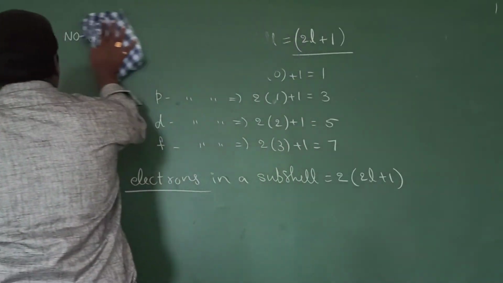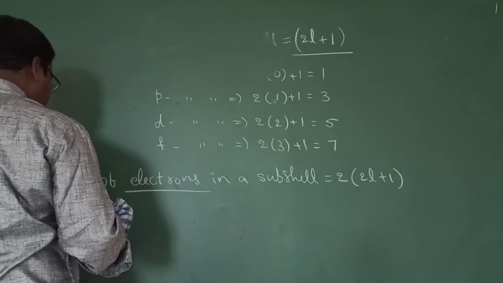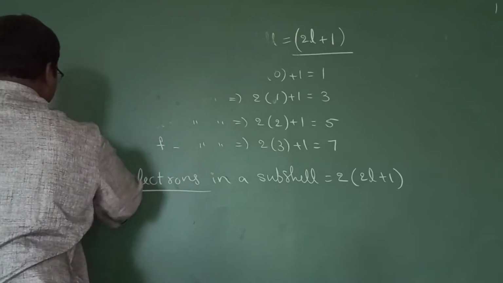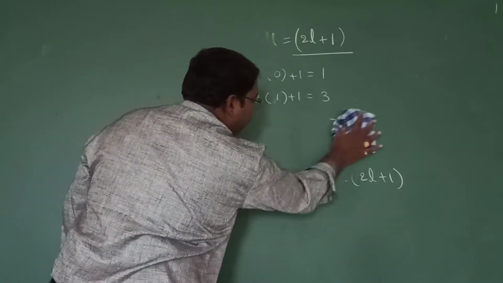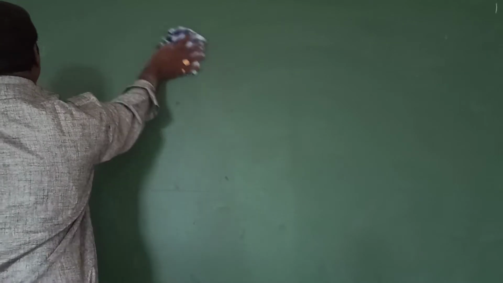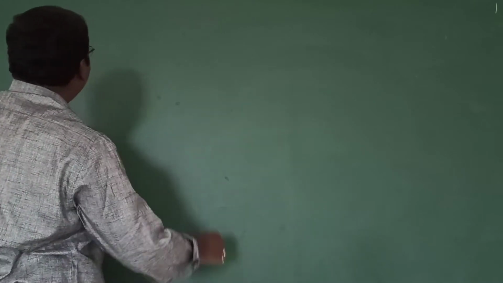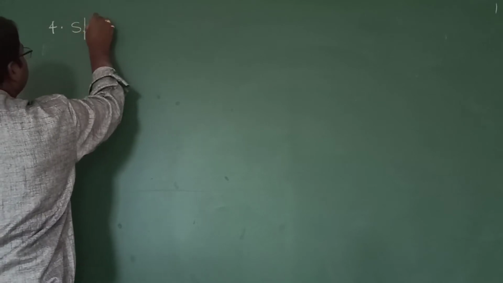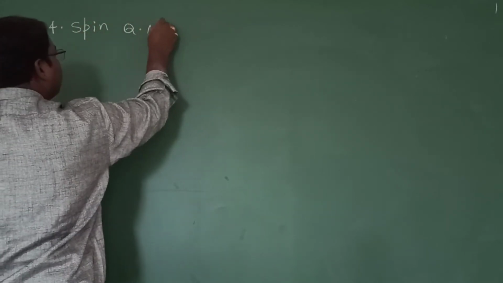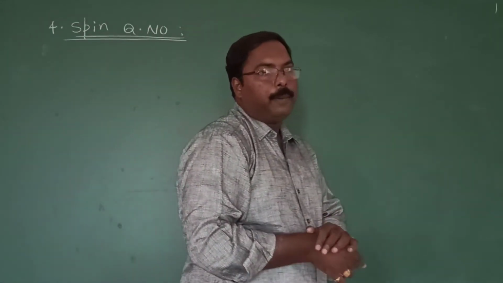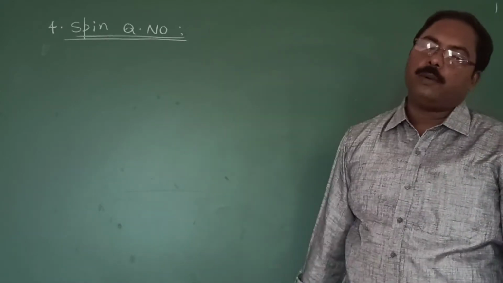This is about magnetic quantum number. So out of the 4 quantum numbers, we discussed 3 quantum numbers. Now coming to the 4th quantum number, a very easy one, it is known as spin quantum number. Spin quantum number is our last quantum number.